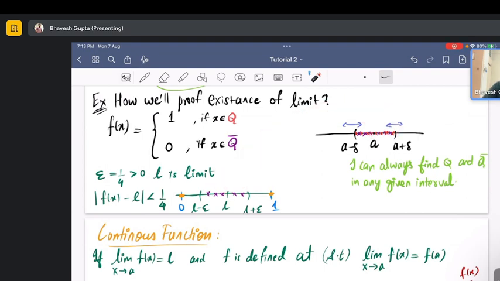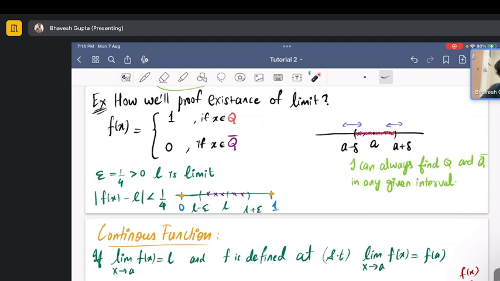But they don't, because if I say there is some limiting value L, and I try to create an interval, I see that none of the values map to this, because all the values map either to 0 or to 1.